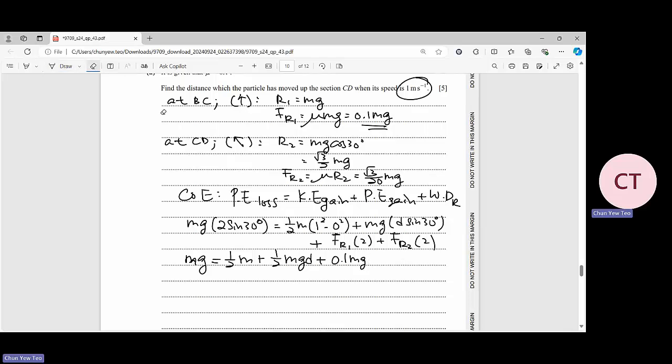Both have a distance of d, so factorizing out the m and the d, we get 10 equal to half v squared plus 5 plus 2.